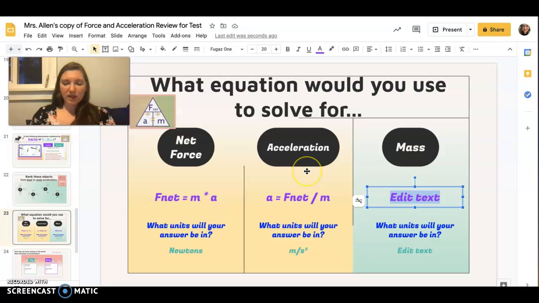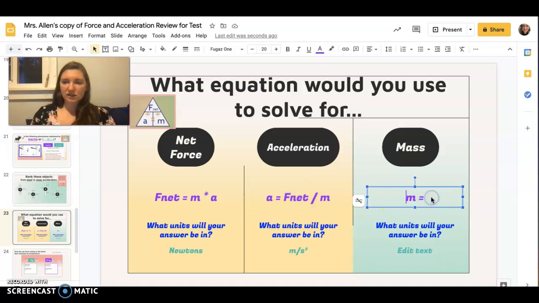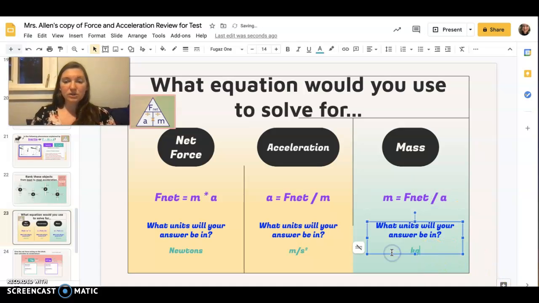F net divided by A. I'm just going to copy and paste it chunk by chunk. M equals F net divided by acceleration. And it's going to always be in kilograms.